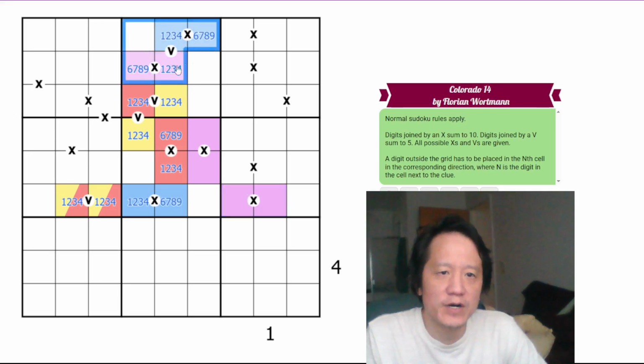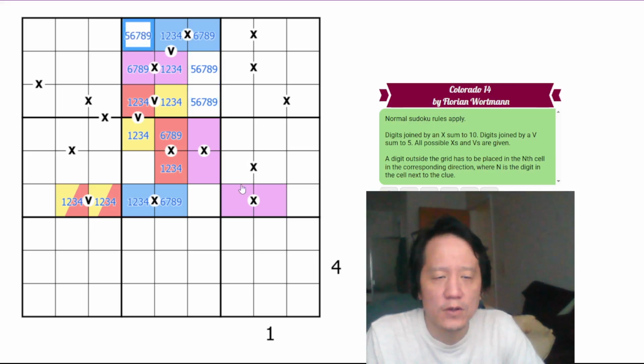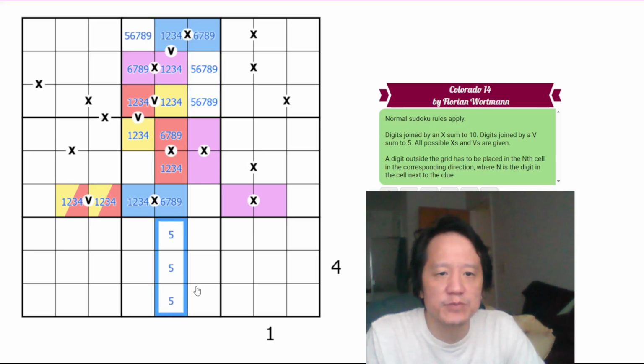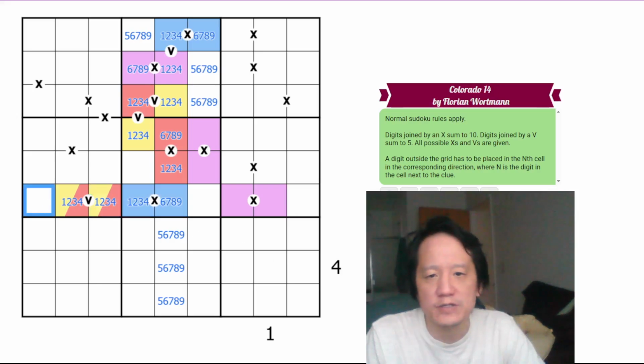The rest of box 2 must be 5 through 9. The rest of column 5 must be 5 through 9 because we have all four 1 through 4s there. We also have all four 1 through 4s in row 6. So that means the rest of the digits are 5 through 9.